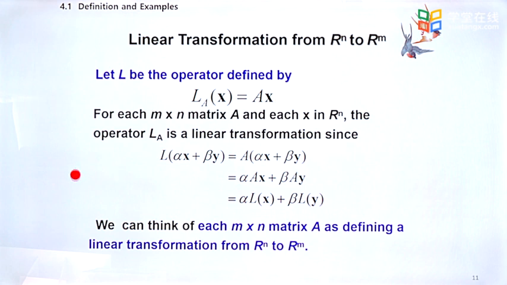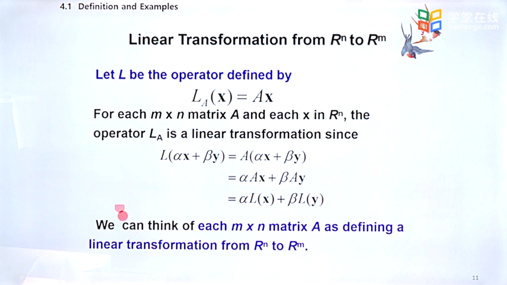Okay, so for each m by n matrix A and each x in Rn, the operator L_A is a linear transformation. Since L of alpha x plus beta y equals A times the whole vector alpha x plus beta y, and by matrix multiplication, you immediately know that it equals alpha times Ax plus beta times Ay, which equals alpha times Lx plus beta times Ly.